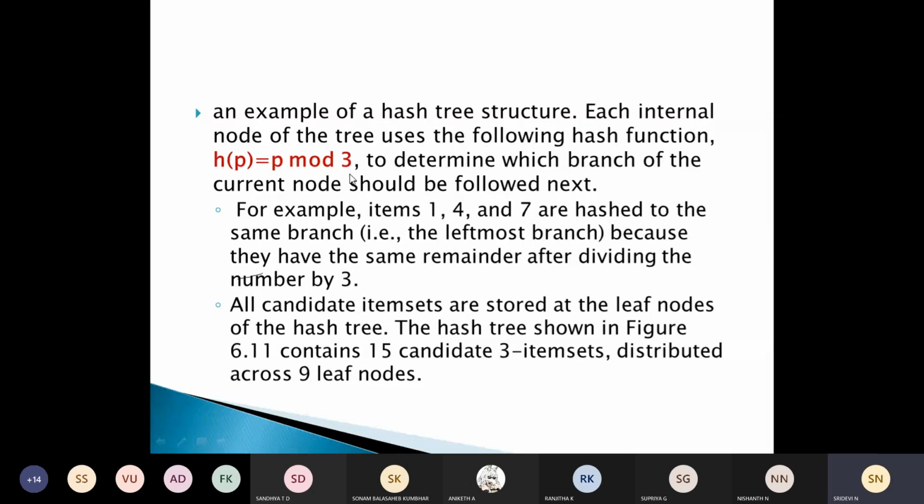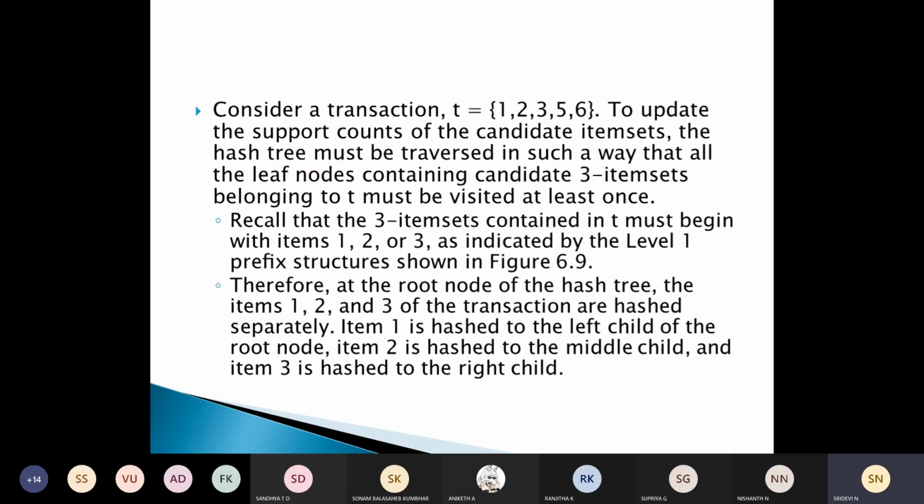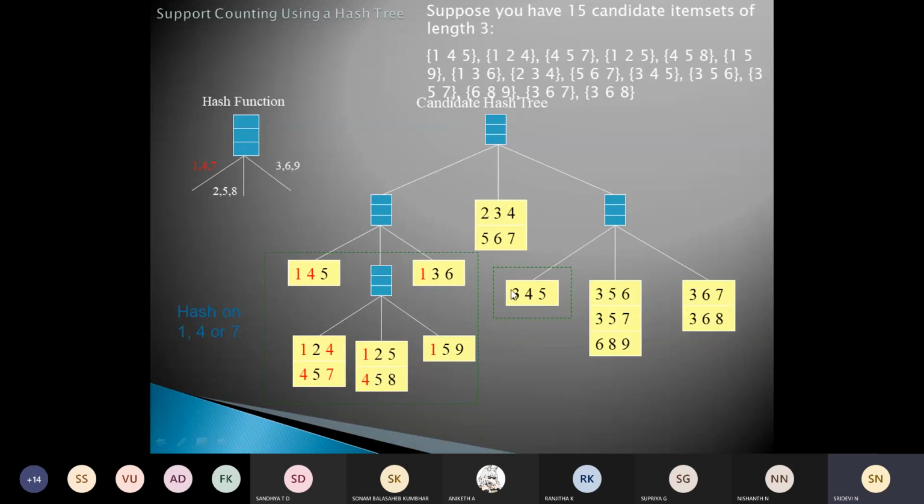We divide by considering the first digit at the first level and find the remainder. There is also a restriction that each branch can have at most 3 leaves. If there are more than 3 items, we will have to split again, so we move on to the second level. Likewise, we will get a tree structure like this.